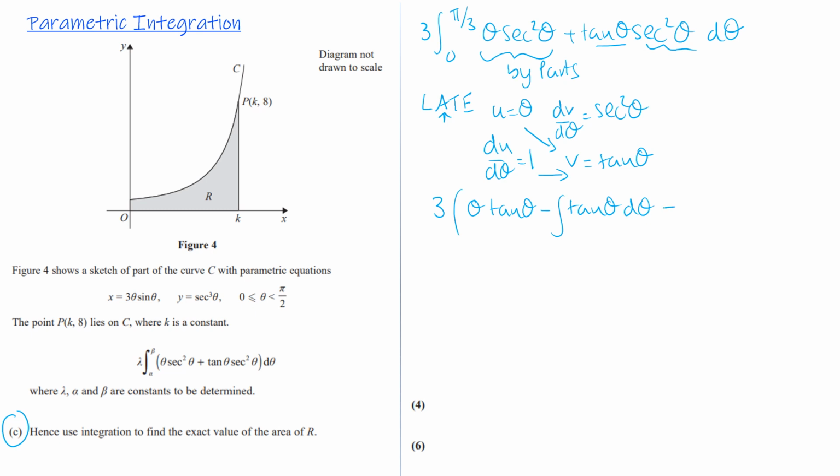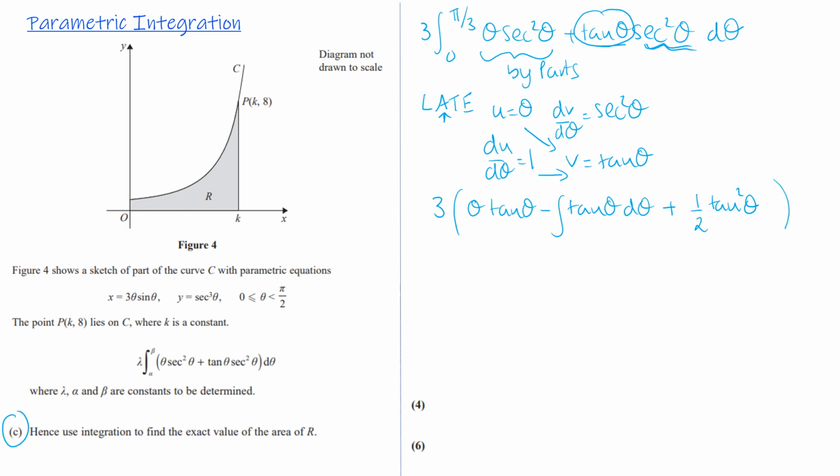And then we've got plus. Now if I think of this as the main function and do half tan squared theta, then by the chain rule I'd power down, leave alone, but then the differential of tan is sec squared, so I'll get the sec squared from the chain rule.